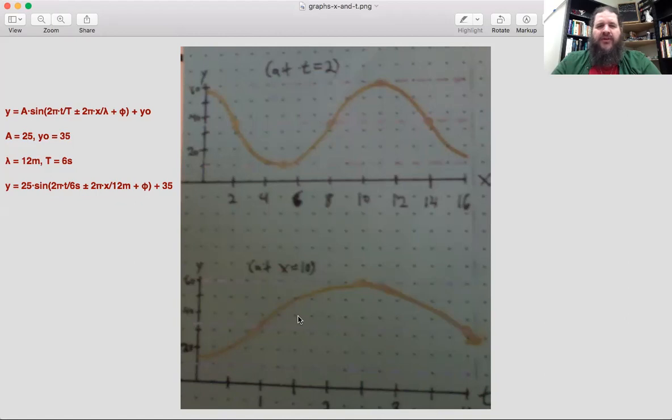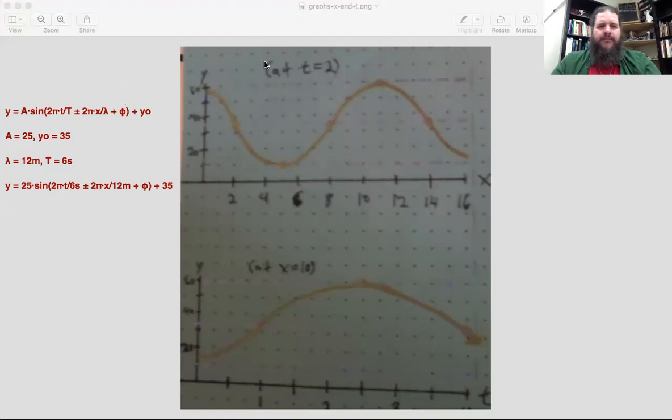And to do that, we need to start by identifying a point they have in common. In other words, the same information on both graphs. And that's tricky to do because one graph shows all positions, but only one time. The other graph shows all time, but only one position. But we can use that to our advantage. What's the only time shown on the top graph? T equals 2.